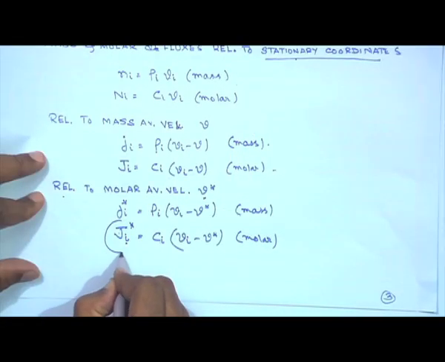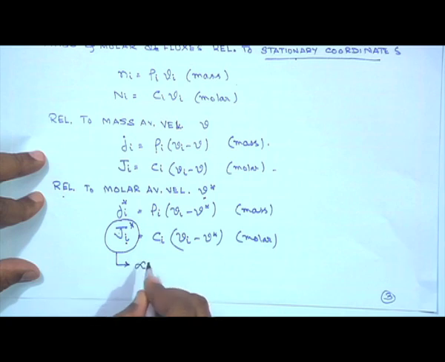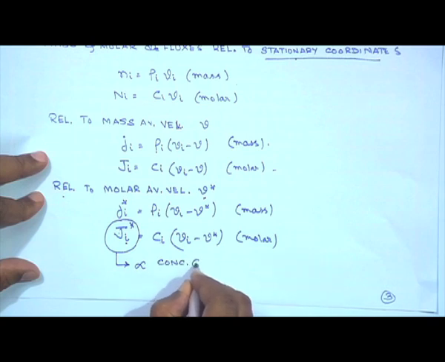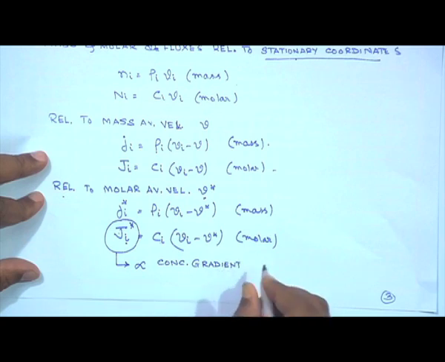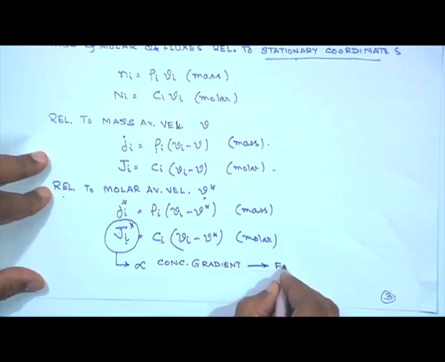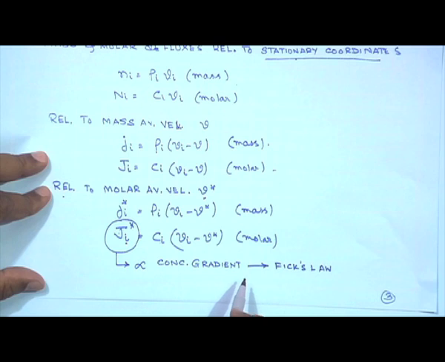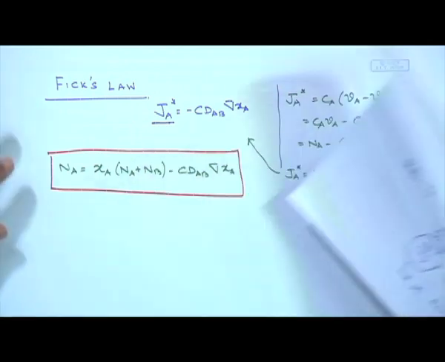This molar flux is proportional to the concentration gradient. That is the statement of Fick's law. So Fick's law essentially tells us that the molar flux Ji star is proportional to the concentration gradient.